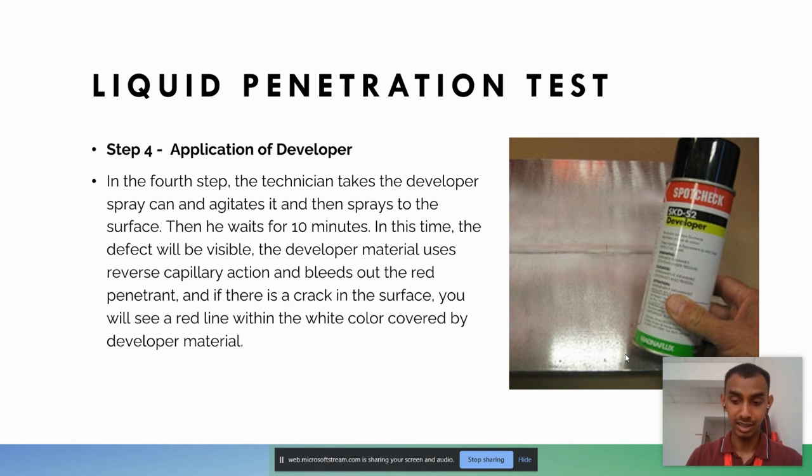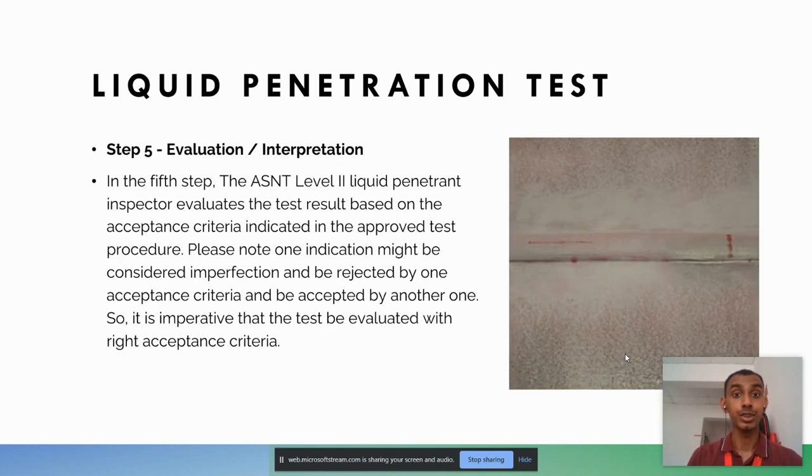Now, for the final step, the most important step actually, in the fifth step, the liquid penetrant inspector, we are talking about an industrial situation where these tests are commonly done to check all materials.